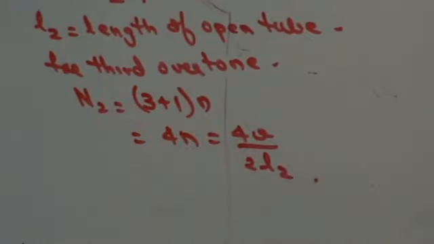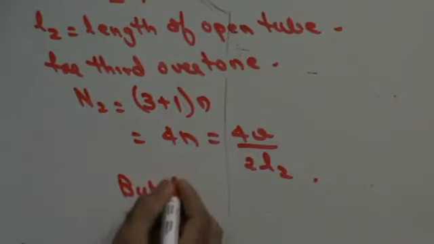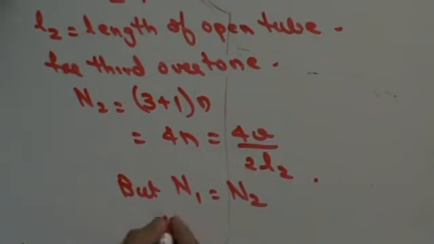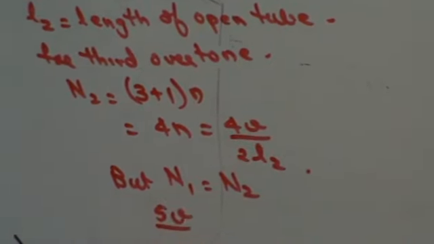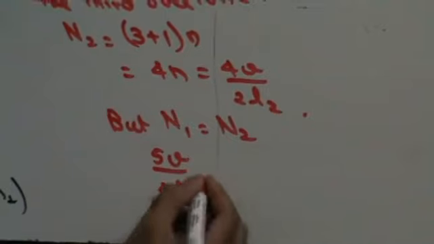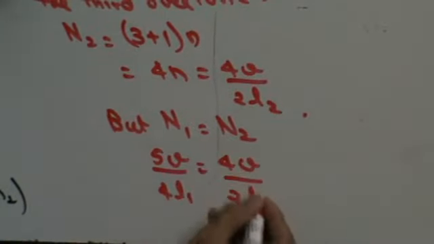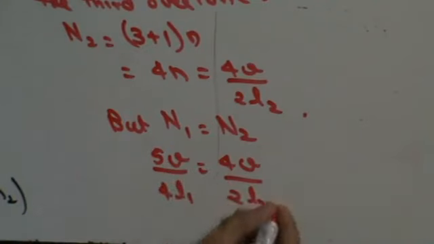They've said that the frequencies are the same. The frequency of the second overtone is equal to the frequency of the third overtone, so n1 is equal to n2, which means 5V upon 4L1 is equal to 4V upon 2L2.